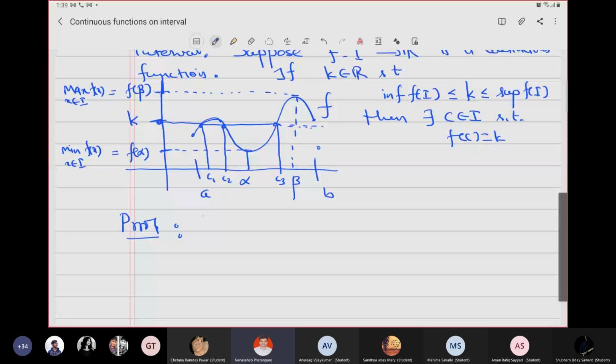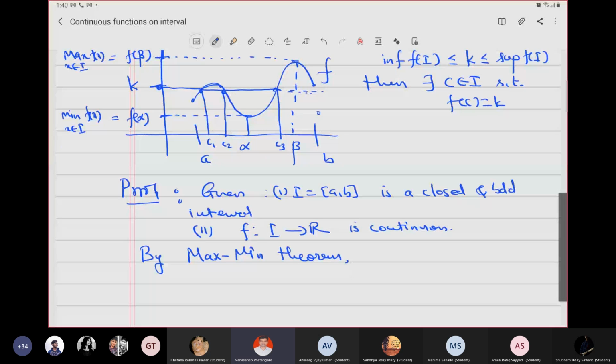And therefore, if you are given anything between supremum and infimum, by the max min theorem, what happens? Are these conditions same in the max min theorem? Yes, sir. And so by the max min theorem, what can we say? It has absolute maximum and absolute minimum value.